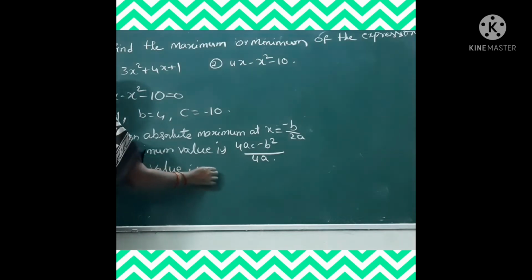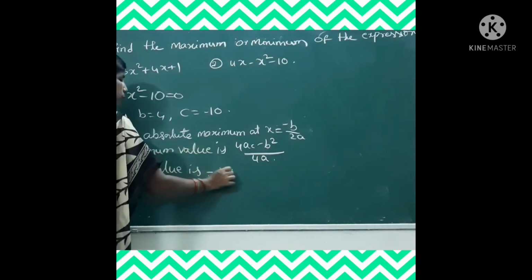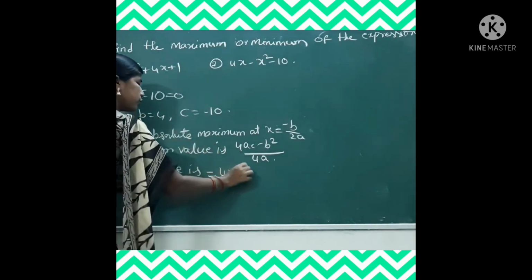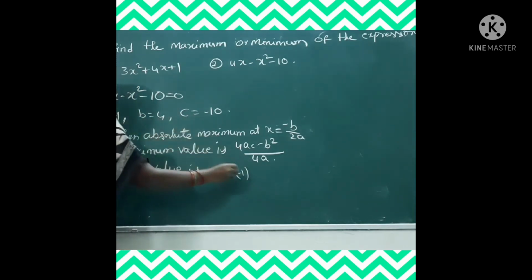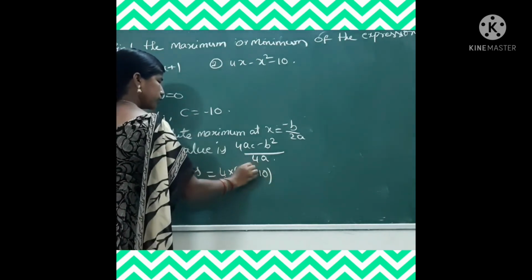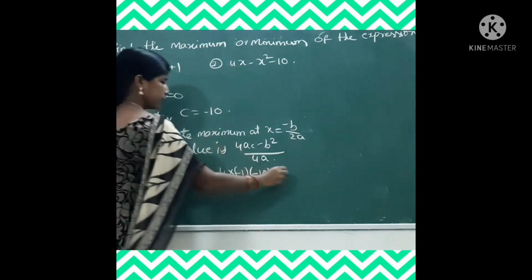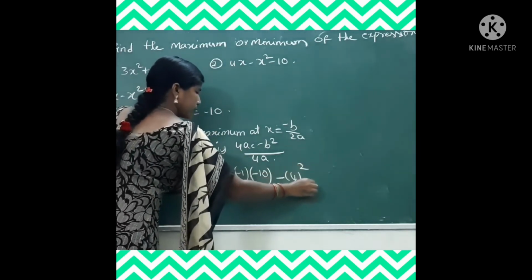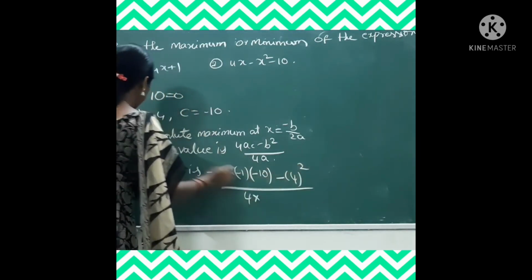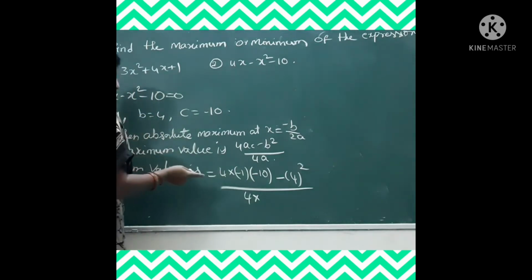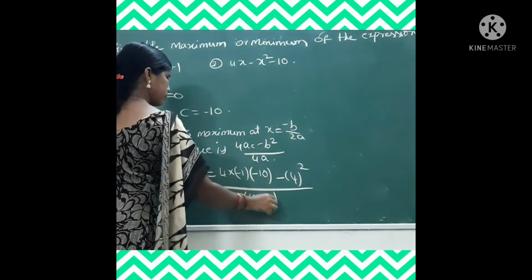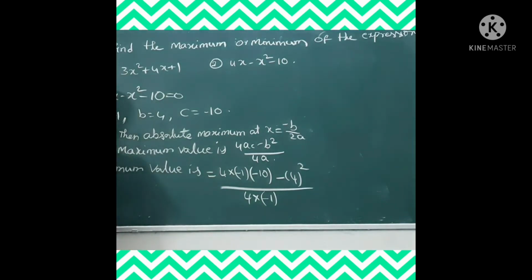Now substitute these terms: a is minus 1, c is minus 2, minus b square, 4 square, by 4 into a, which is minus 1. Okay, this one is solved now.